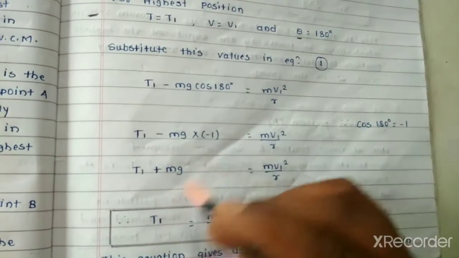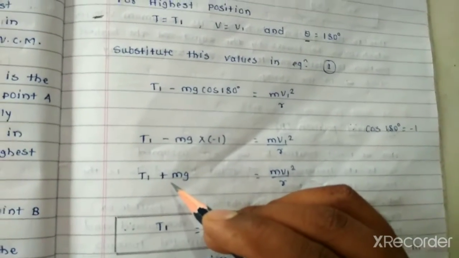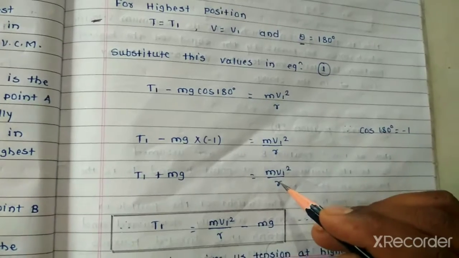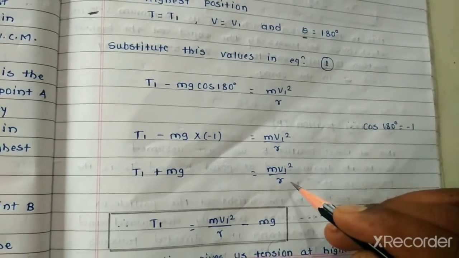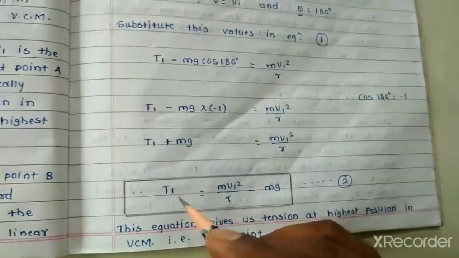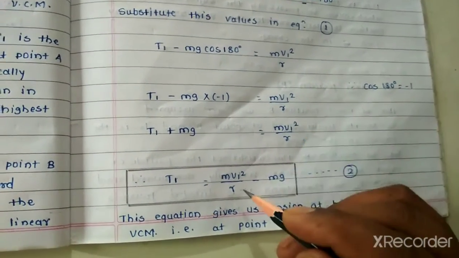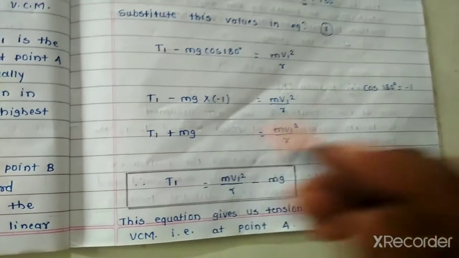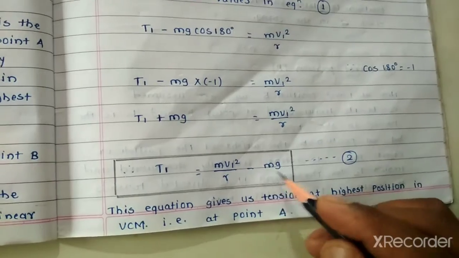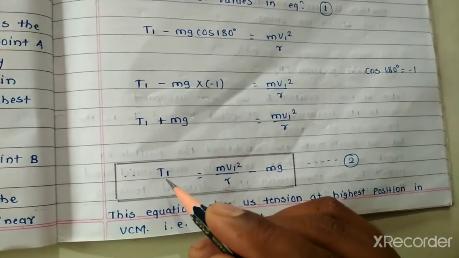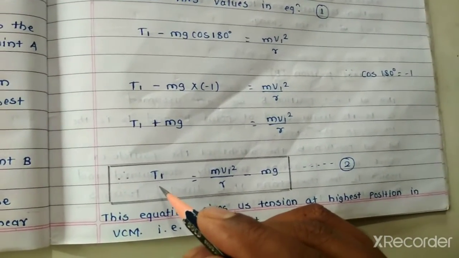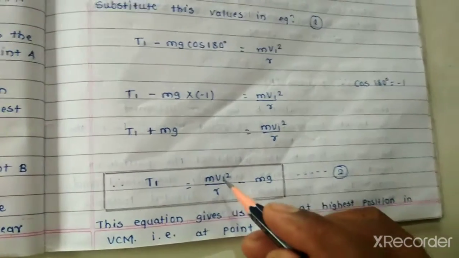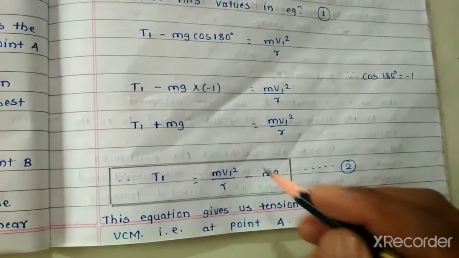Cos 180 is minus 1, so minus into minus gets plus. So T1 plus mg is equal to mv1 square upon r. Therefore T1 is equal to mv1 square upon r, and this plus mg goes to the right hand side and becomes minus mg. So the required expression is T1 is equal to mv1 square upon r minus mg.